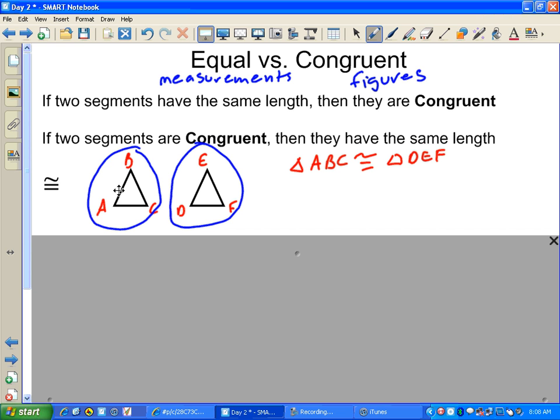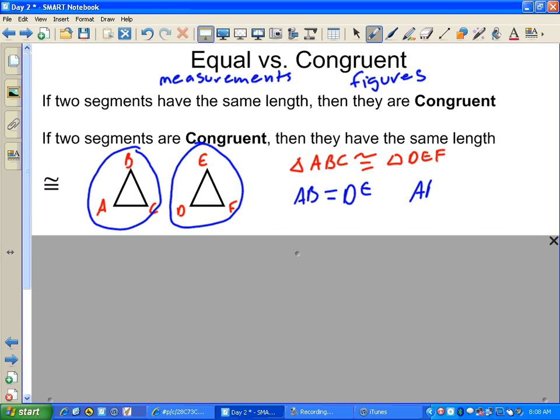So every side, so AB is the same length as DE. So I could say the length of AB, which is a measurement, so this represents a number. Okay, because if AB is 5, that's what this represents. This is 5. That's equal to the measurement of DE.